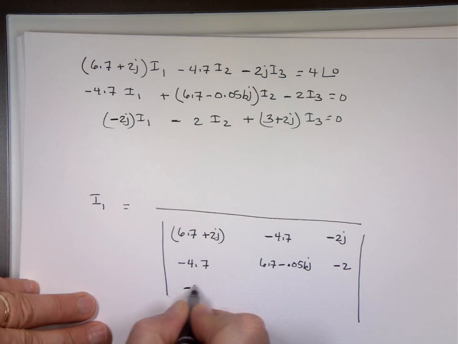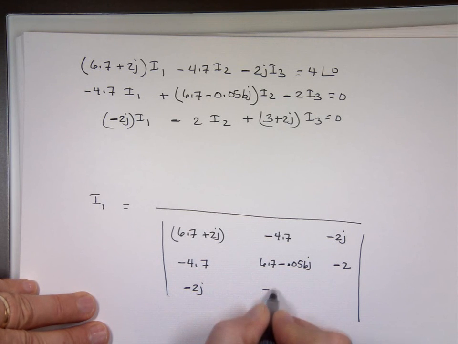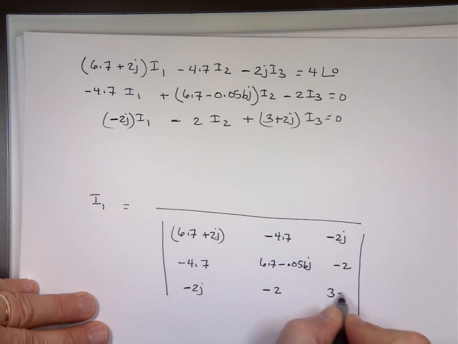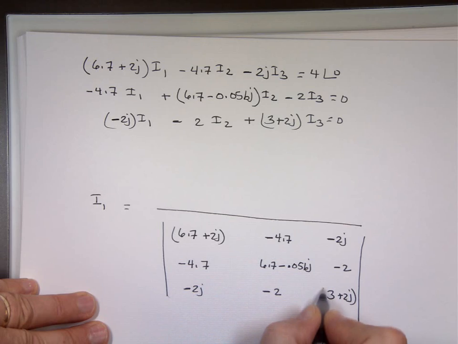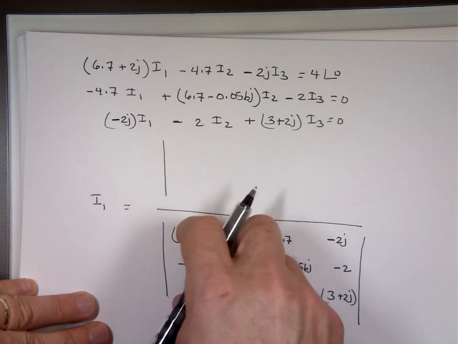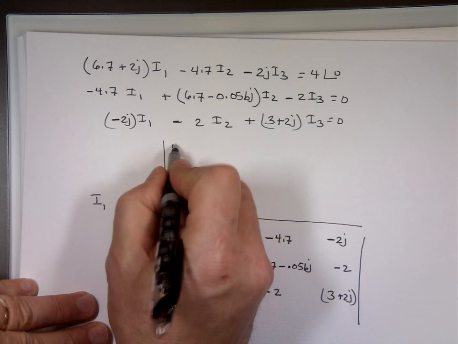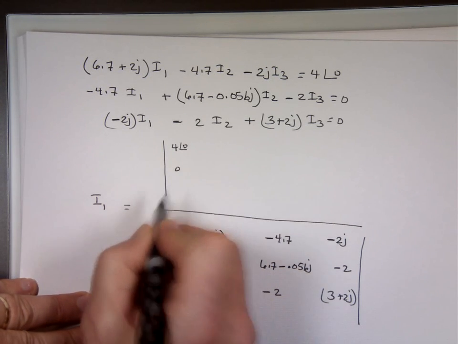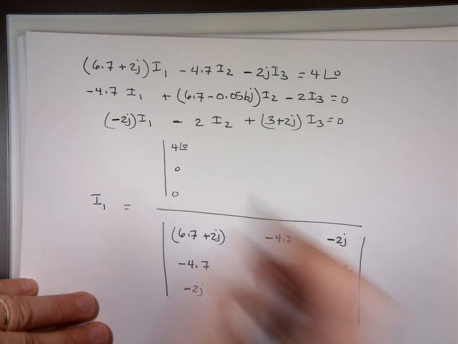Negative 2j, negative 2, 3 plus 2j, 3 by 3. The top of that, we take this column out and put the answers, 4 angle 0, 0, 0, and these two columns stay the same.